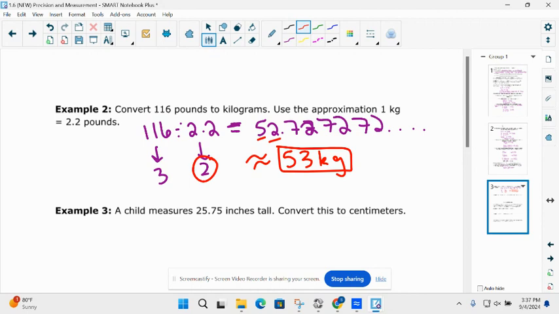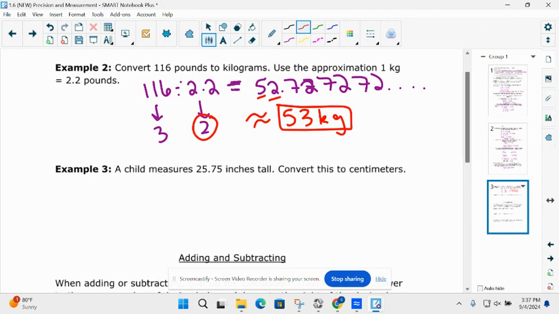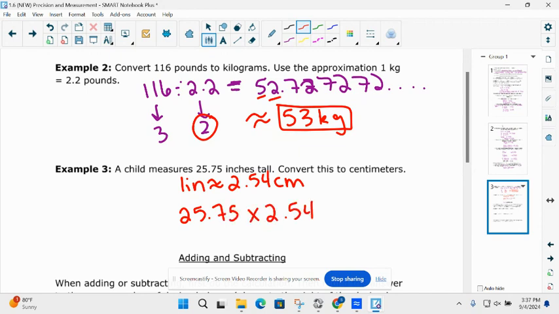Next, a child measures 25.75 inches tall. Convert this to centimeters. We're going to use the fact that 1 inch is roughly 2.54 centimeters. So we'll take the number of inches, 25.75, and multiply it by 2.54, and you'll get 65.405 centimeters.